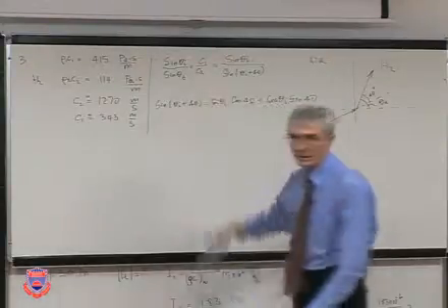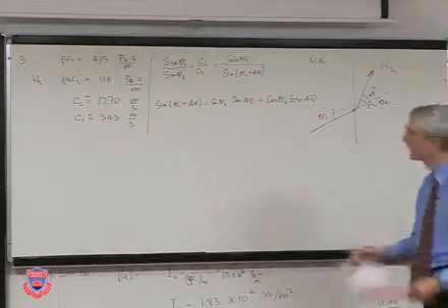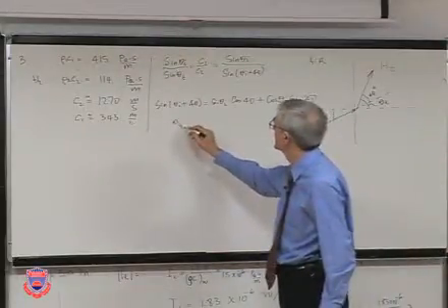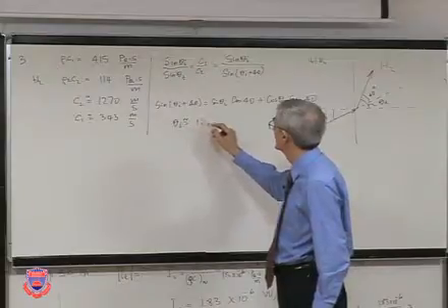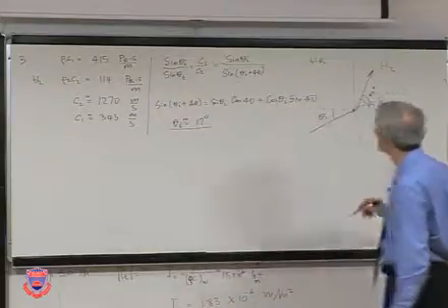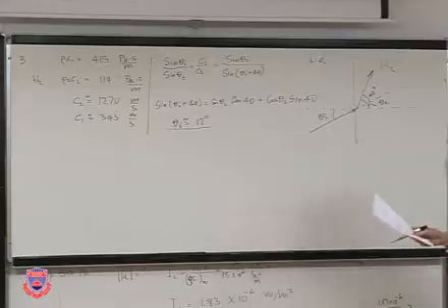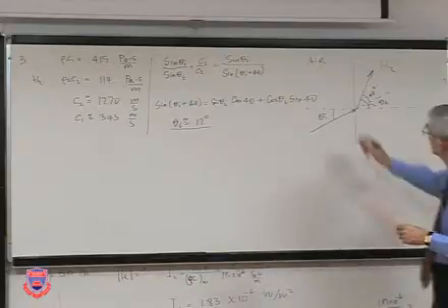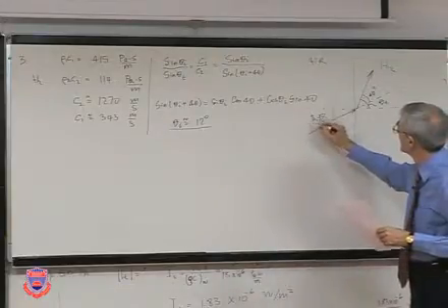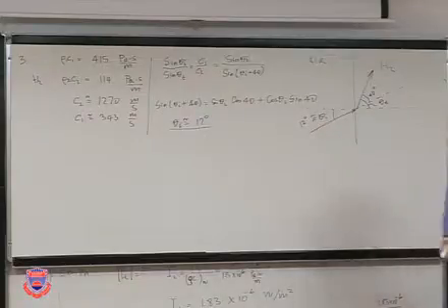If you make the appropriate substitutions, you'll find that theta I is something like 12 degrees. Okay, so 12, 13 degrees, depending on how accurately you calculate these.